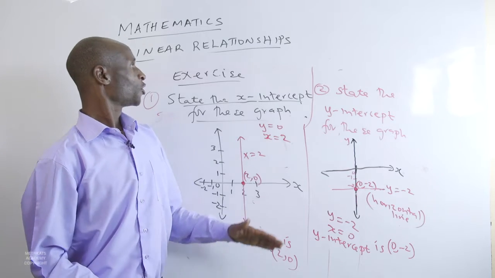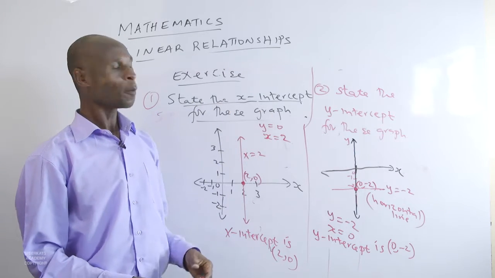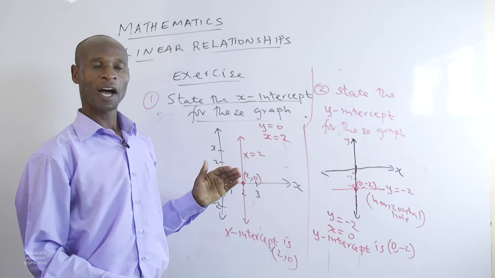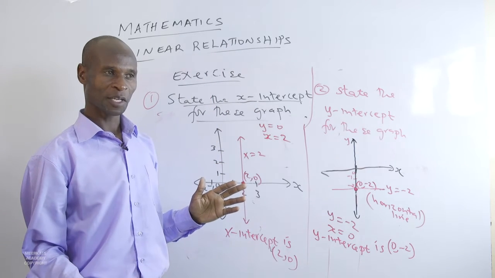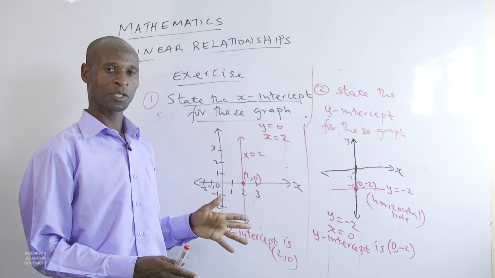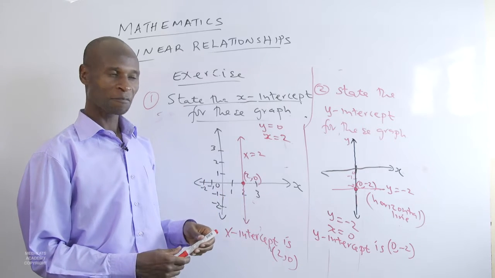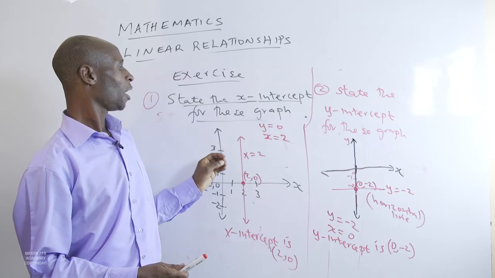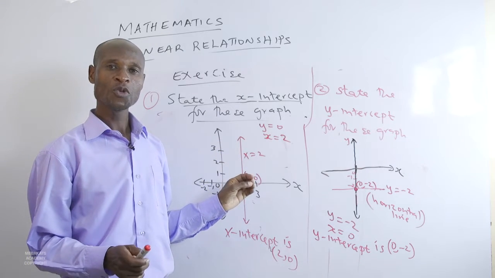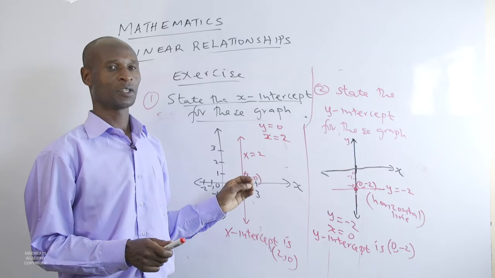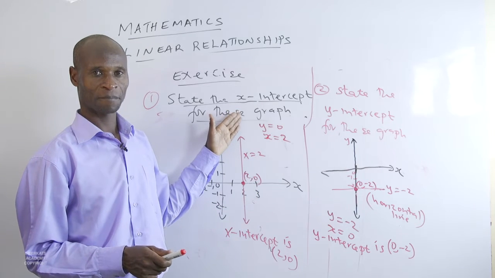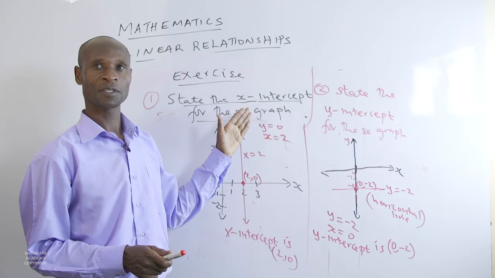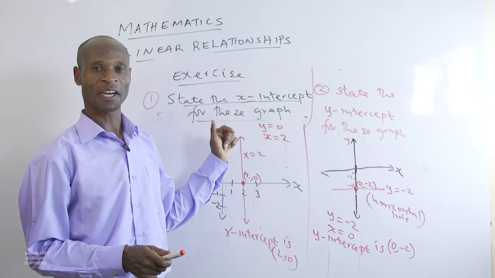So in this particular subtopic, we have looked at how we can use y-intercept and x-intercept to plot a graph. We have gone further and looked at how we can only use one intercept to plot a graph. That is a case where you have only been given the x-intercept. How do you plot that graph?